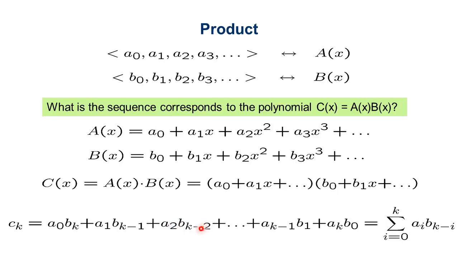Since after adding both subscripts we get k, the coefficient of x to the power k will be the summation of this expression. It is represented as the sum over i equal to 0 to k of ai into b(k minus i). This is the value of the coefficient of x to the power k.